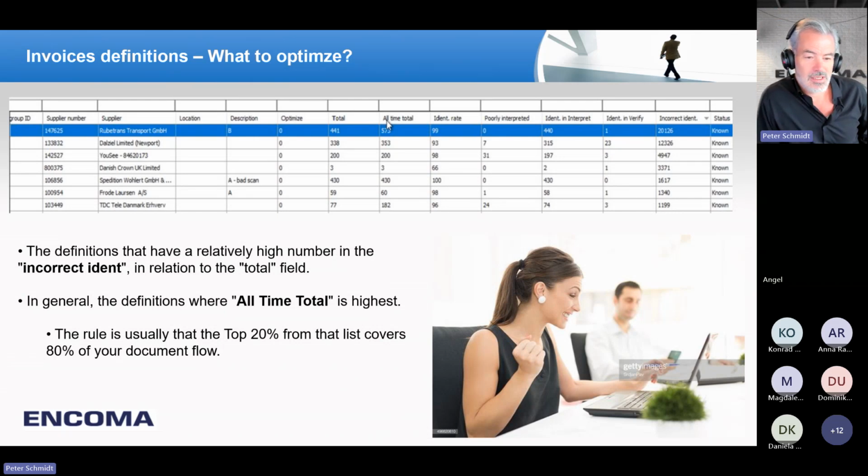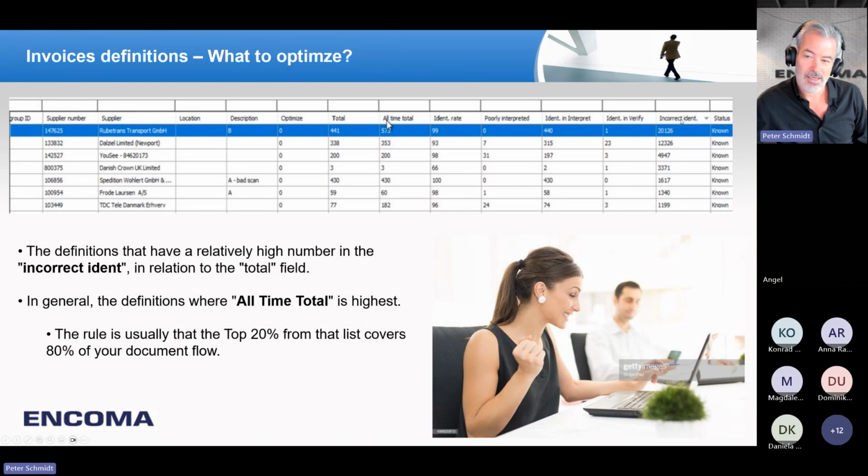What you should focus on is some of the numbers that you see in Optimize. When you start seeing all your definitions, they will also be represented with a lot of numbers. And some of the most important ones that you should look for is, first of all, the one that we call incorrect ident. As you can see, there's a headline above all the different definitions.